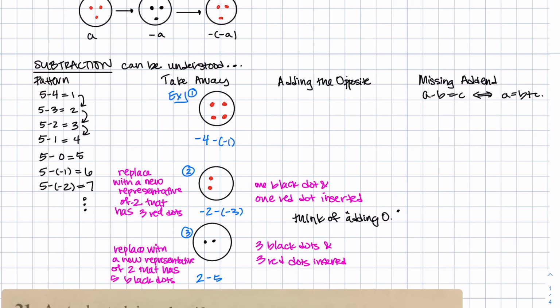That's one explanation. Another explanation, we can try to use our set method, our takeaway method or our adding opposites. Both of these work really well with the set model of addition and subtraction. So for instance, if I have something like -4 minus -1, what I'm starting off with here is 4 red chips.